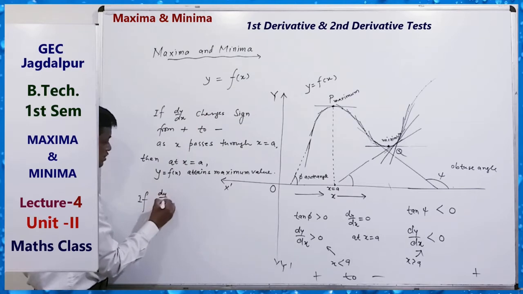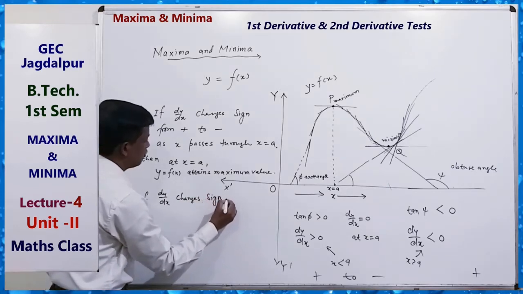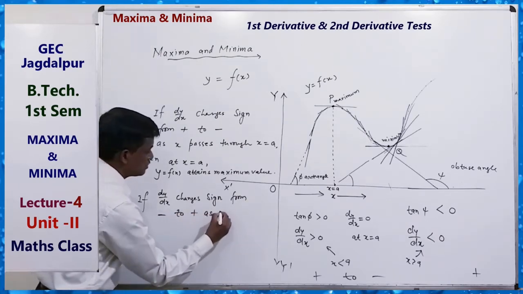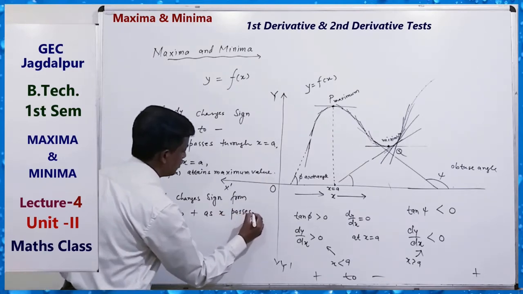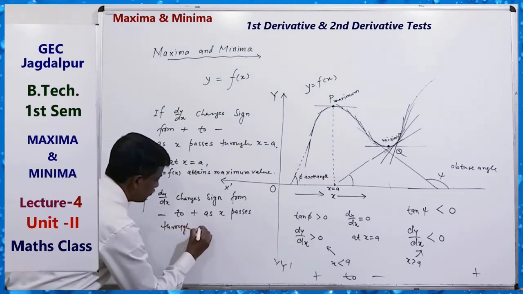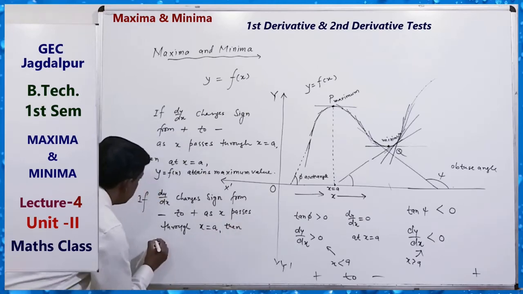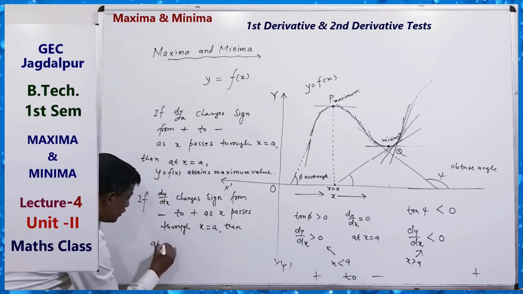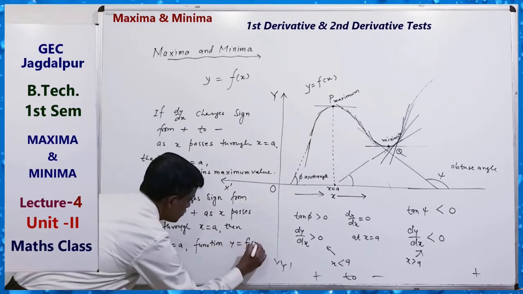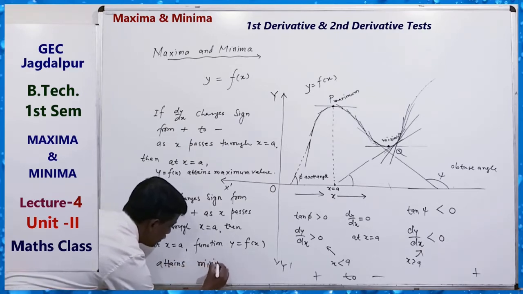So if dy by dx changes sign from negative to positive as x passes through x equals a, then at x equals a, the function y equals f(x) attains a minimum value.